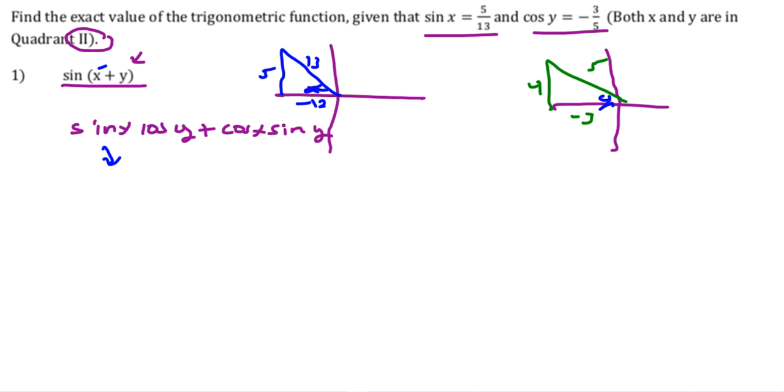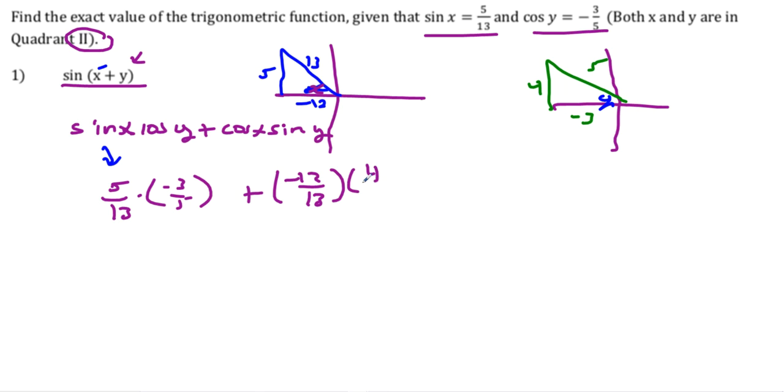Sine of x, x is right here, is 5/13. Then cosine of y is negative 3/5. We're going to add cosine of x, negative 12/13, times the sine of y, which over here is 4/5.